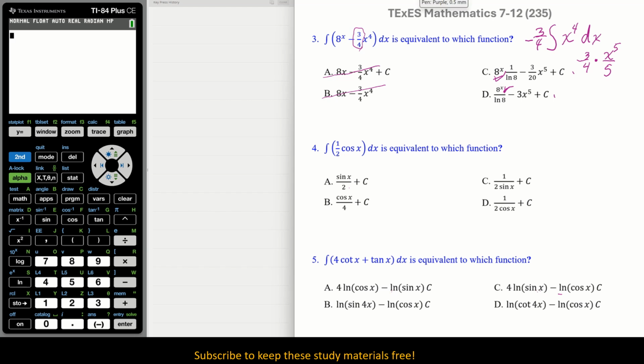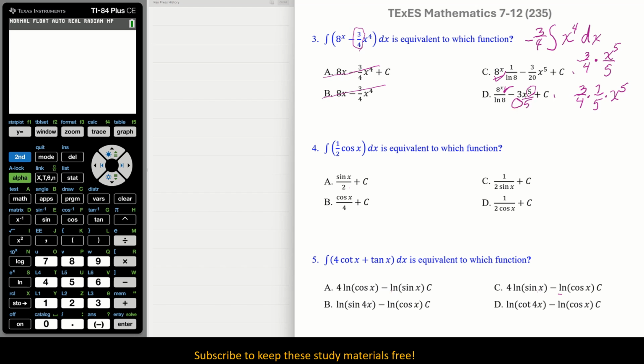That can also be written naturally, of course. We would have 3/4 times 1/5 times the x to the fifth. Now that I've written that, you can see that D doesn't satisfy. They have their x to the fifth correct, but they completely forgot this 5.